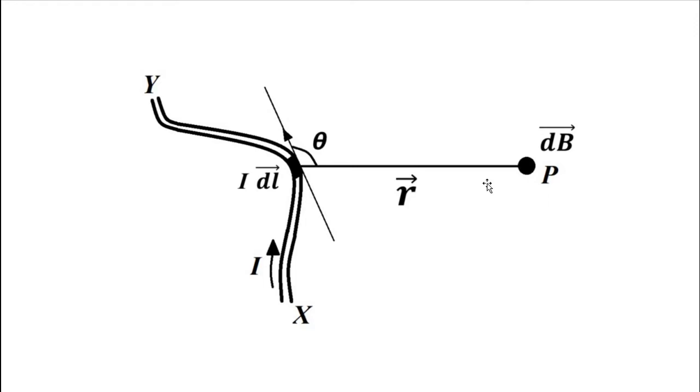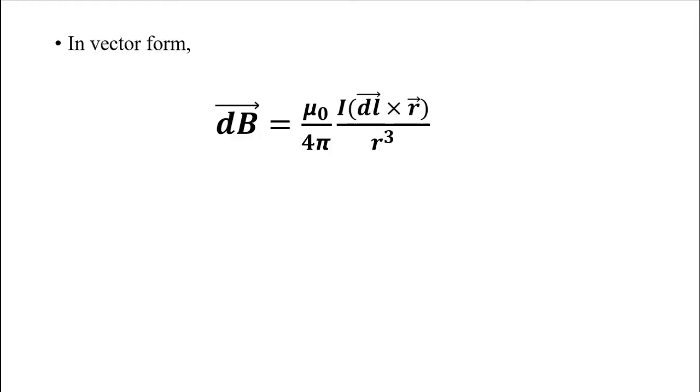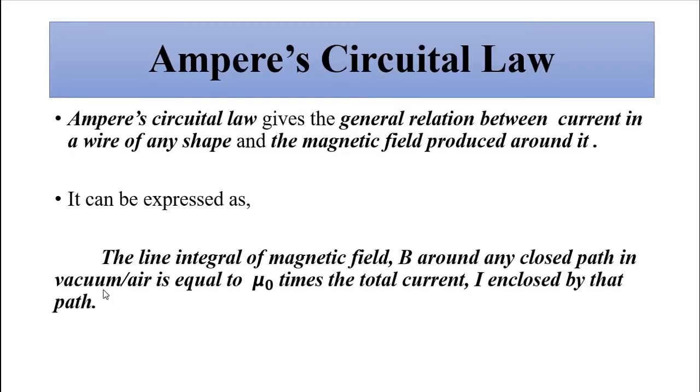So what Ampere's Circuital Law does is it gives us a relationship between the current and the magnetic field around it, basically in the form of a line integral. The same things are involved: current, magnetic flux density.